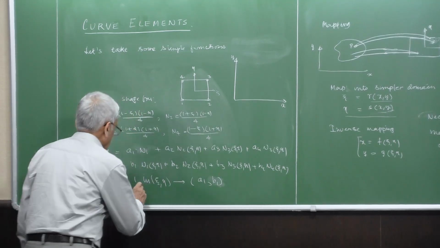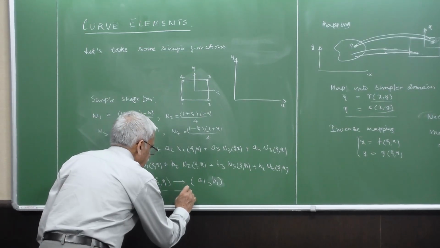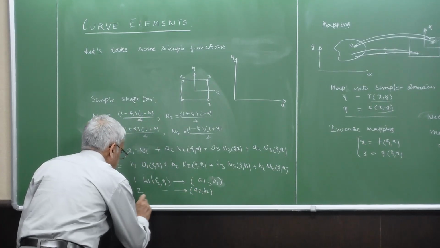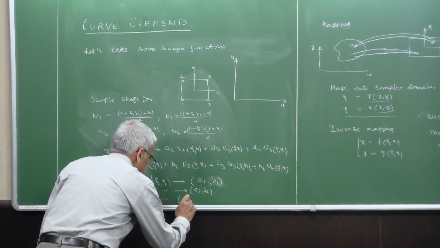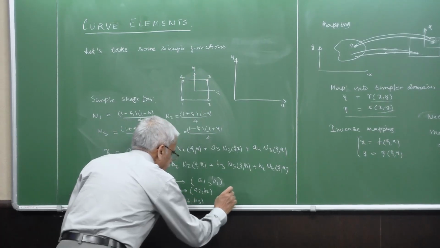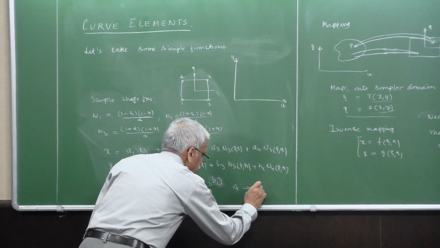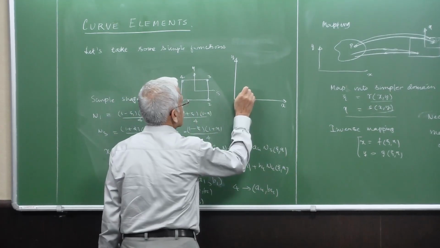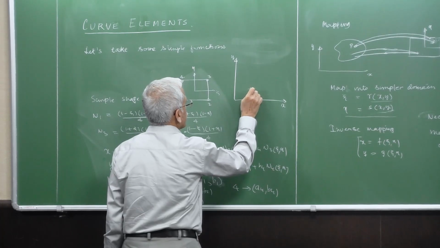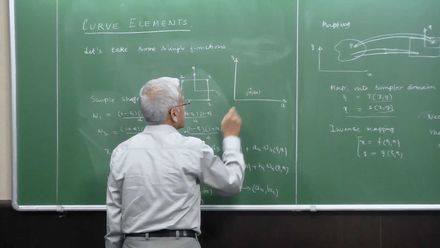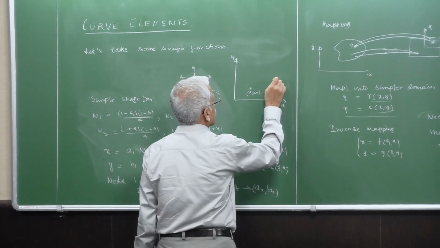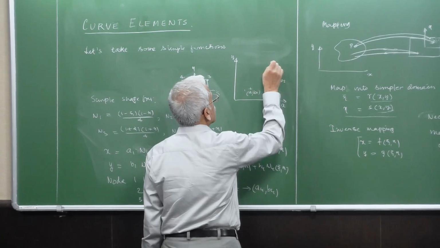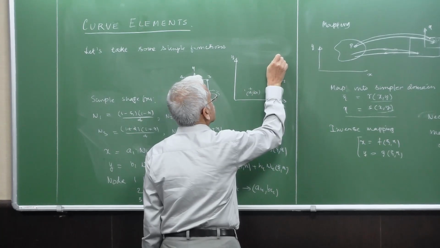So similarly, node 2 will go to A2, B2, and node 3 will go to A3, B3, and node 4 will go to A4, B4. So that means node 1 will go to A1, B1 here, right? Node 2 will go to A2, B2. This is 1, this is 2, and this is 3 here.